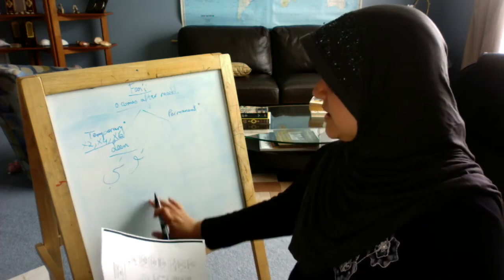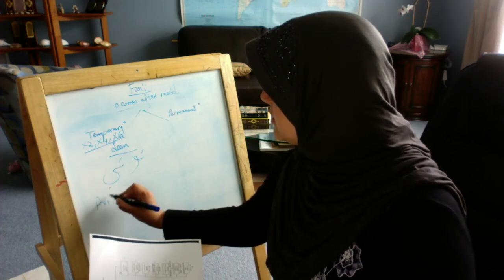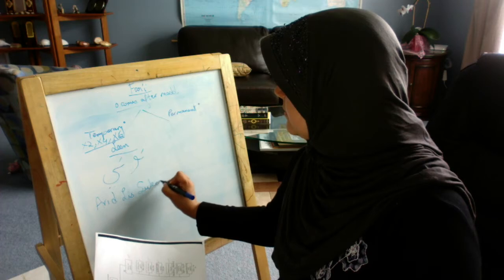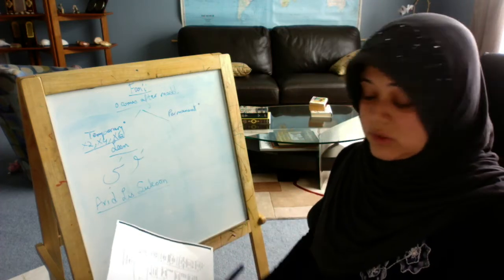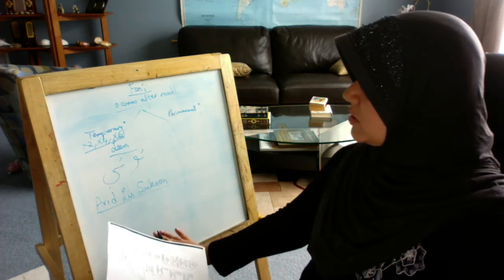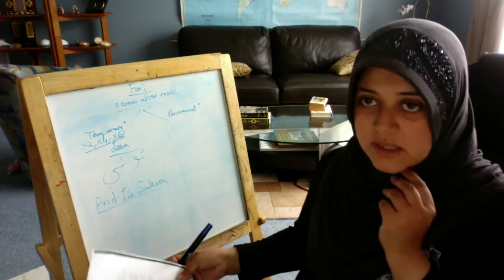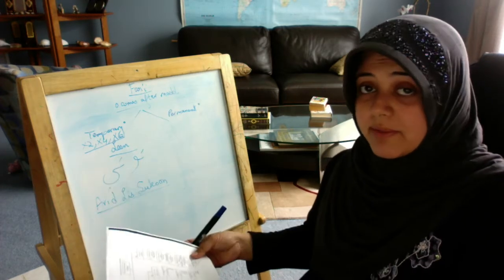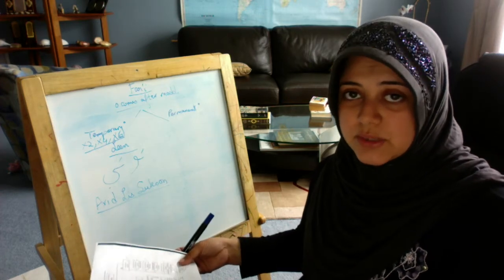And the same goes for the other temporary rule, which is Madd-e-Arid Lis Sukoon. Madd-e-Arid Lis Sukoon is where you have any word that ends with a fatha, dhamma, kasra, or a tanween, and when you stop on that word in recitation, you're going to turn it into a sukun sound.